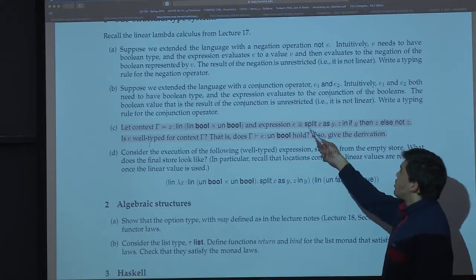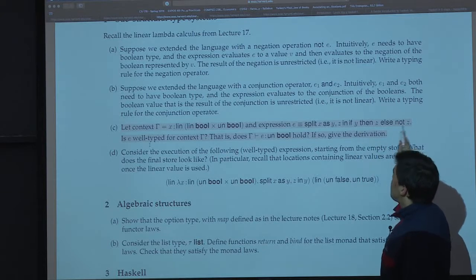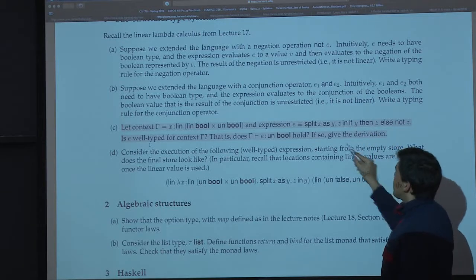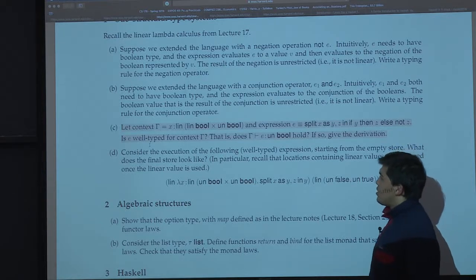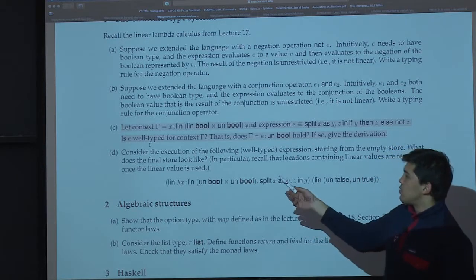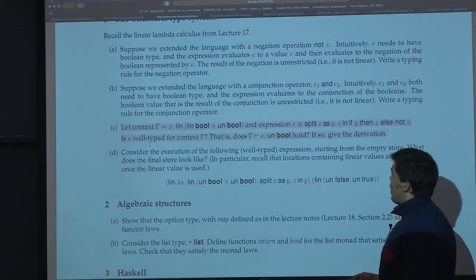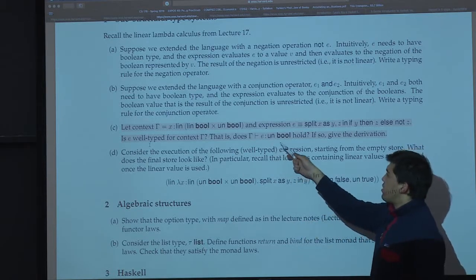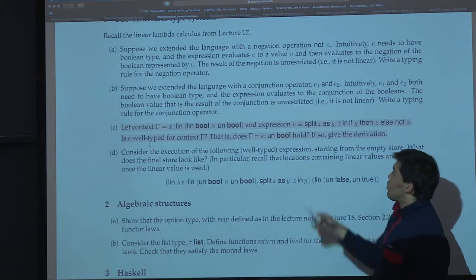And then the expression here, we have a split x as y z in this sub-expression here, which is E2. So again, this will be equal to E1 and this will be equal to E2. And the question is asking us whether E is well typed for context gamma. And it clarifies this, saying if under gamma, can E be equal to un bool, or can that condition hold?